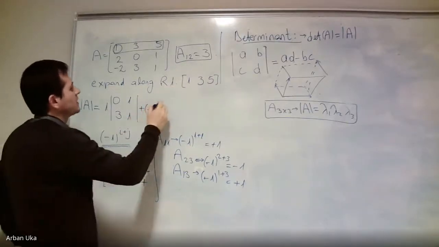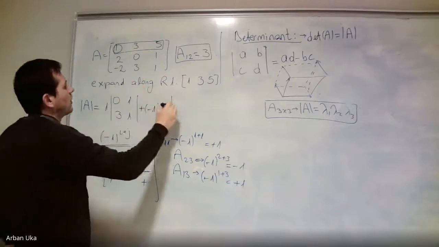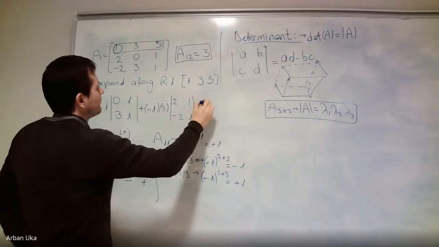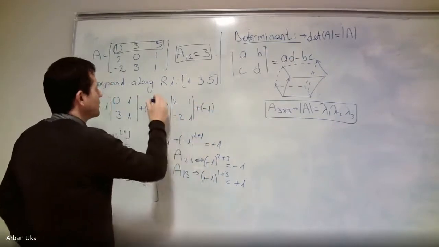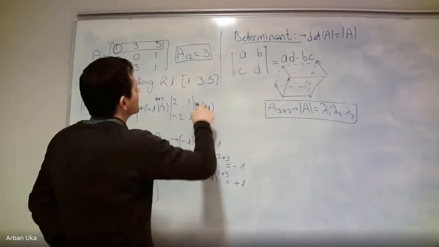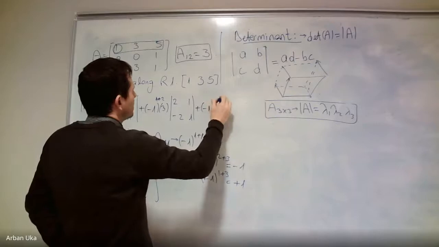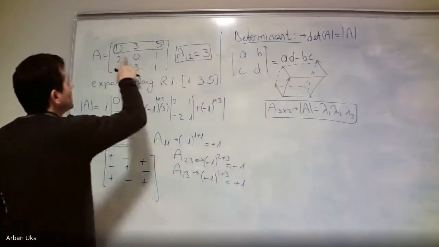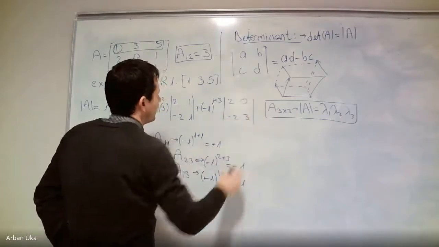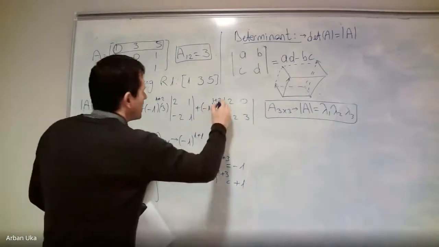So this is minus 1 times 3 times the determinant of 2, 1, minus 2, 1. And here we have 1 plus 3 for the 5, times the determinant of 2, 0, minus 2, 3. Okay? So we forgot to multiply by 5 here.